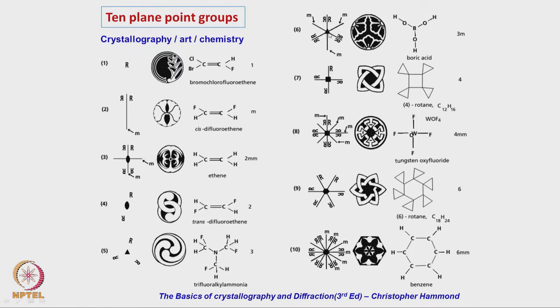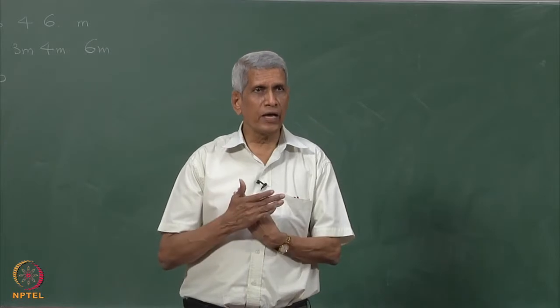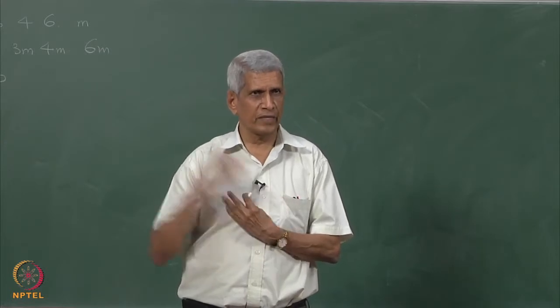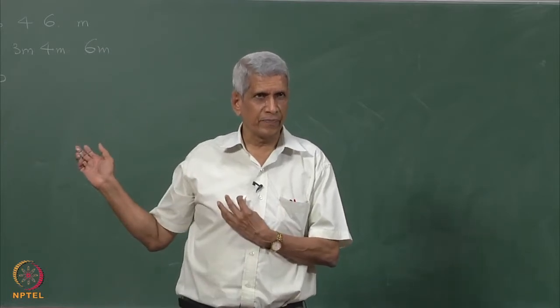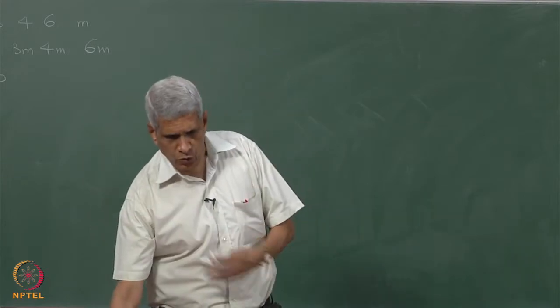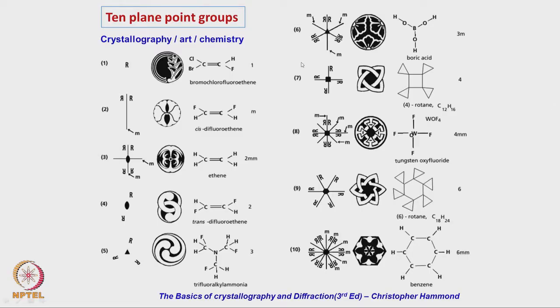Then if rotation and a mirror are also there, here the mirror is parallel to the axis of rotation, in all these cases. So these are all the possibilities which exist. Essentially 10 planar point group symmetries are possible.